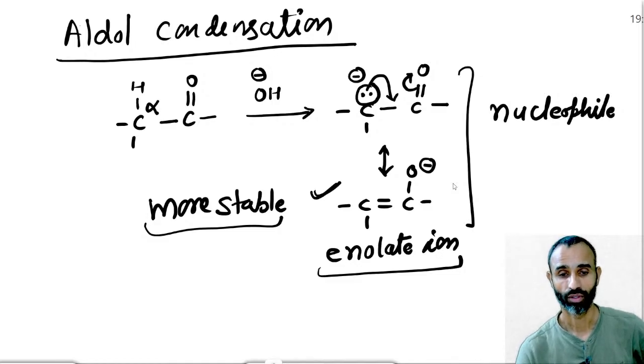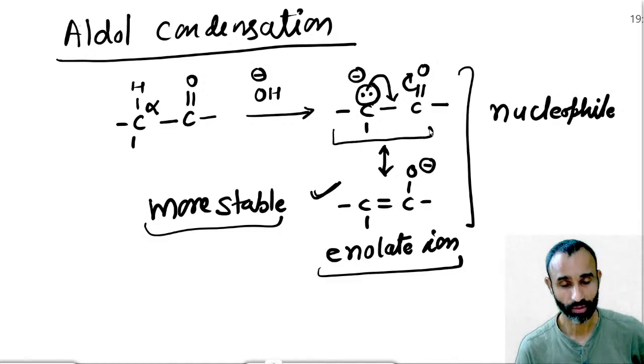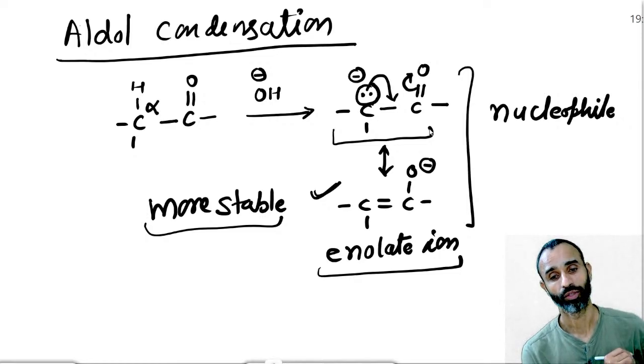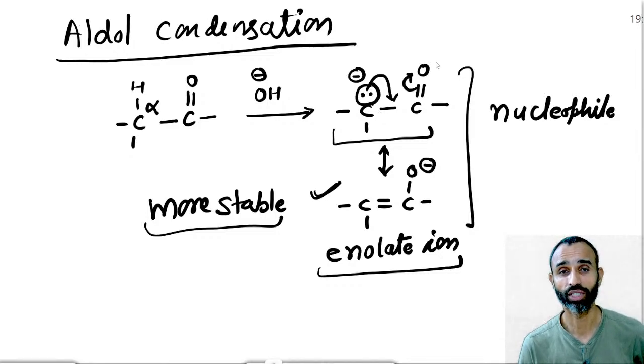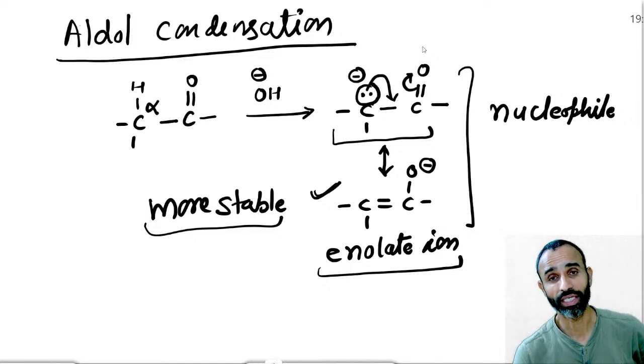But it reacts through this, because this carbon, saturated carbon next to the CO, is more nucleophilic. The removal of this hydrogen is caused by CO, because it is an electron withdrawing group, and therefore it increases the acidic strength of this alpha carbon.